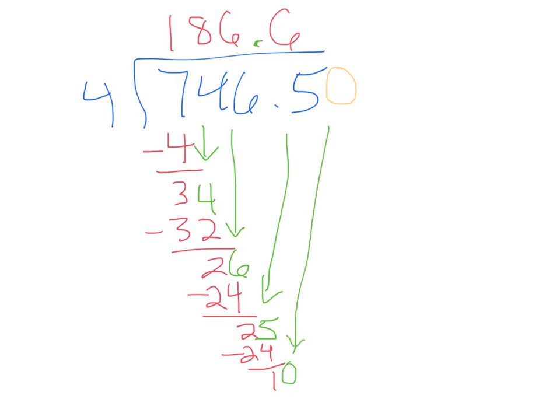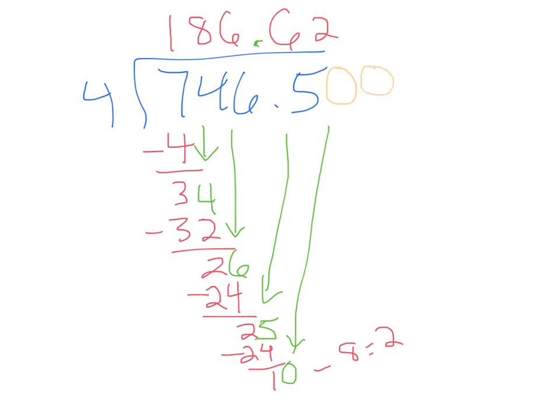I'm going to have to go off to the side here, so I hope you can still make sense of it. Now how many times will 4 go into 10? 4 goes into 10 twice, because 4 times 2 is 8. When I subtract, that gives me a remainder of 2. I still have another remainder, and I want to keep going until I get a remainder of 0.